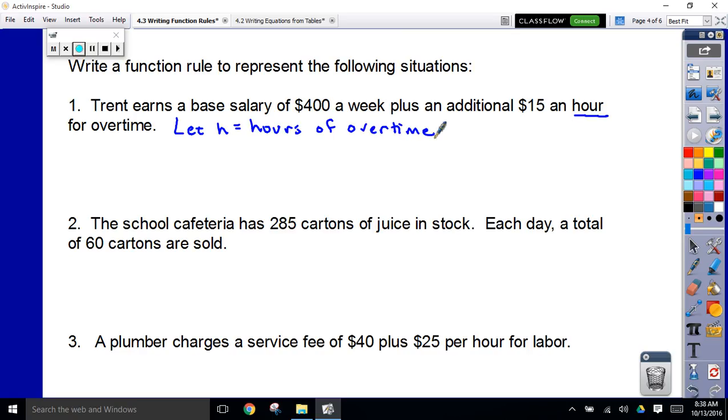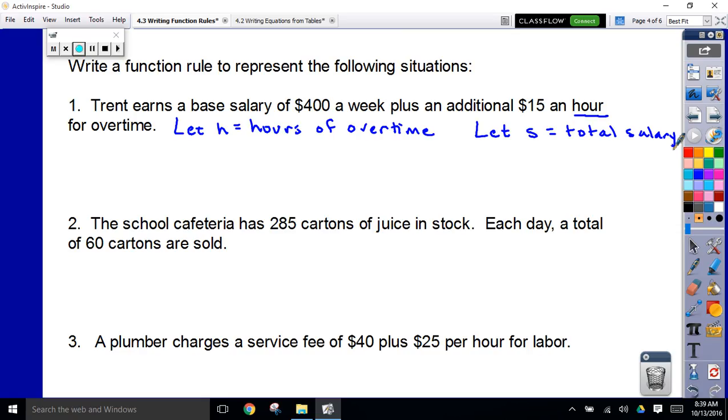And it doesn't actually tell us what we're going to find, but if he's earning a base salary plus he's earning an additional $15 per hour, probably what we're going to want to know is what does he actually earn in a week. So I'm going to let his total salary be equal to S. Let S equal total salary.